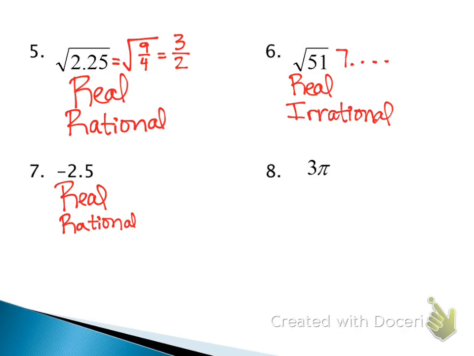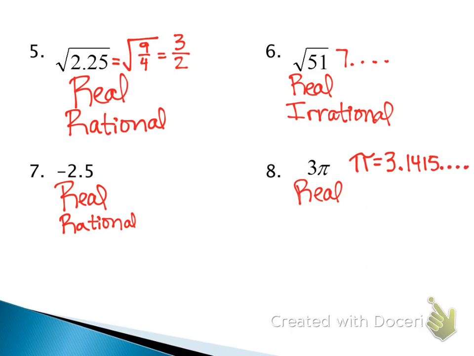Alright, we move on to number 8. Jaquan, the most broad set would be what? Real. The real numbers. Okay, do we know what this symbol here stands for? Pi. Good. So it's not just 3.14, right? The special thing about pi is that the decimal never ends.